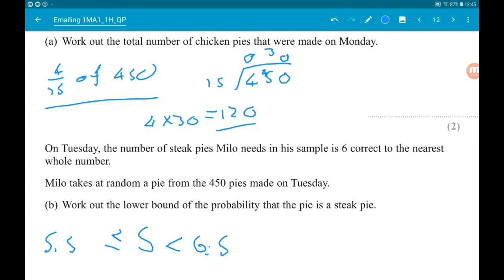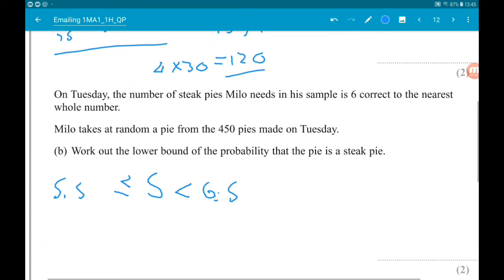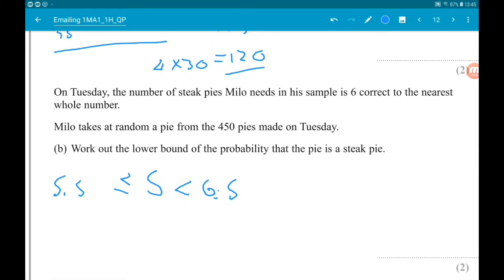So the lower bound for the probability, so let's call this P with an L, would be then 5.5 out of 15. Now, we don't like decimals in fractions, so even though that's right, they might cry.